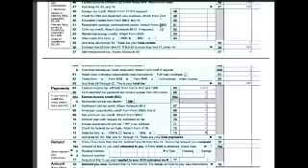Otherwise, you put 0. Net premium tax credit: either you have an excess advance premium tax credit repayment in line 46, or you have net premium credit. This person had an excess advance premium tax credit, so you cannot have the net premium credit at the same time. That's why it's 0.